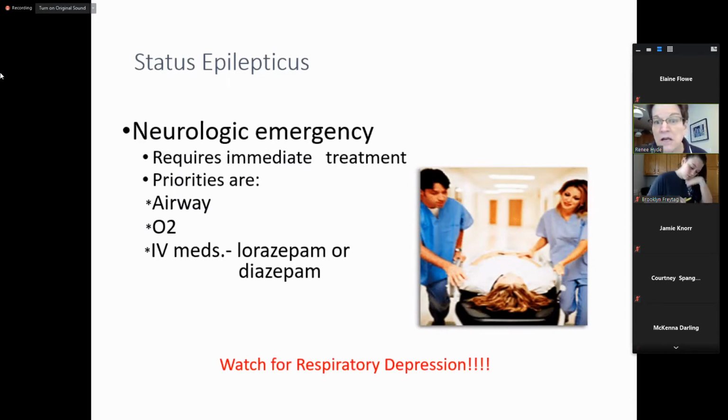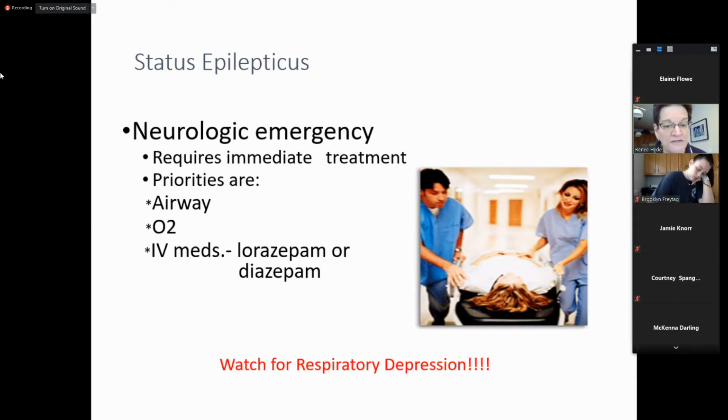Our priorities for this patient are going to be airway and oxygen. Because remember, one of the things we want to do is give that brain as much oxygen as we can to make sure that we do not experience that anoxic brain injury. Now, one of the ways that we're going to treat it medication-wise is to use lorazepam or diazepam.